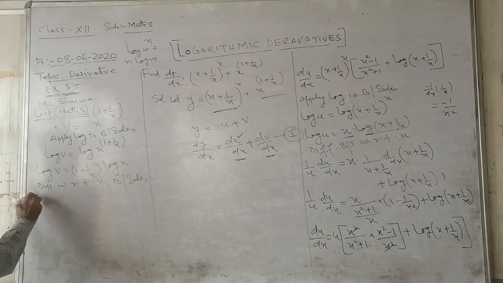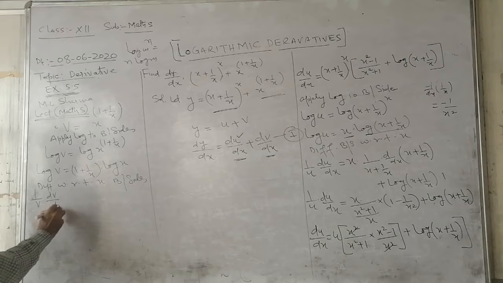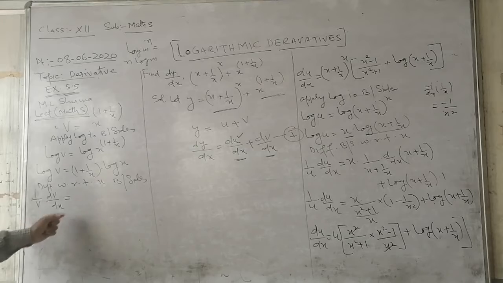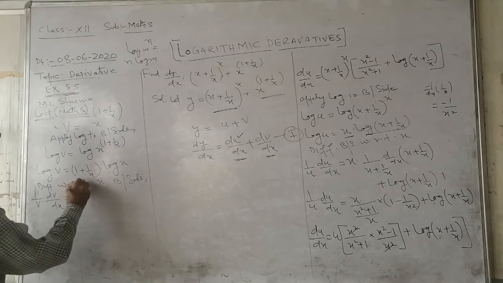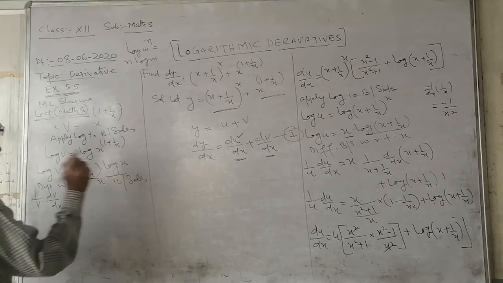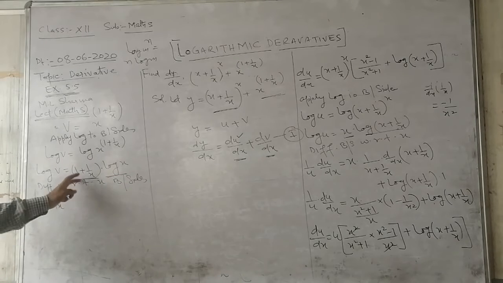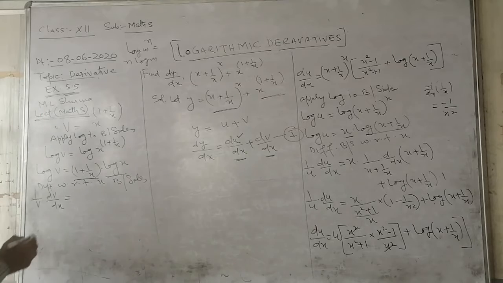its derivative will be 1 upon v into dv upon dx. This will be the derivative on the left hand side, and the derivative on the right hand side. Again we have two terms, one is u and one is v. So again the same formula.